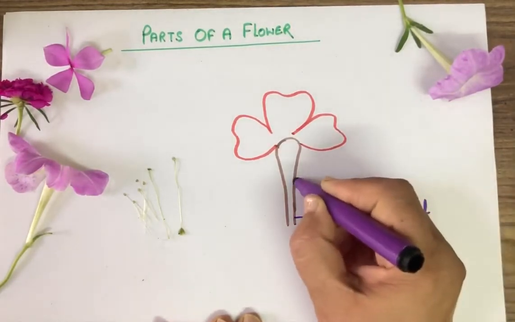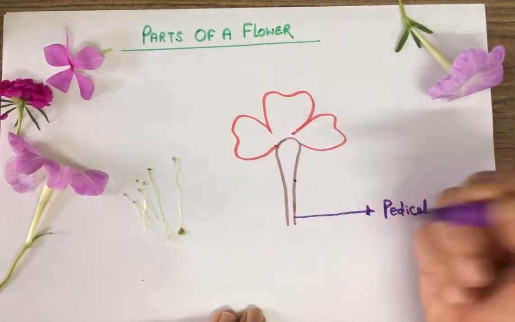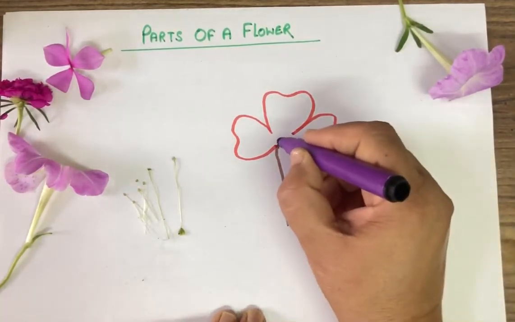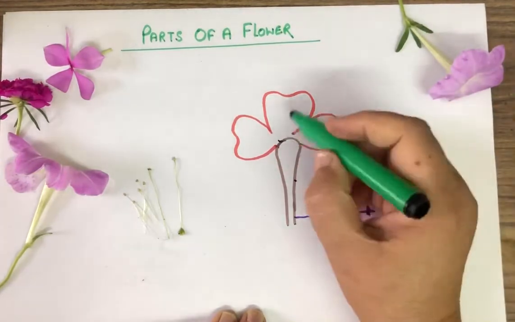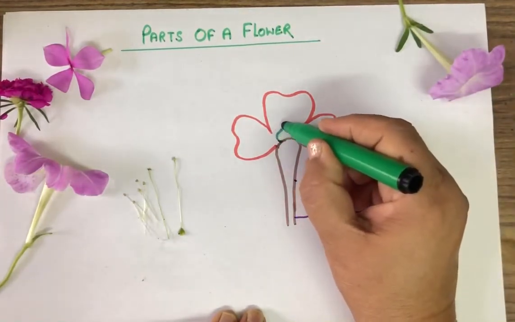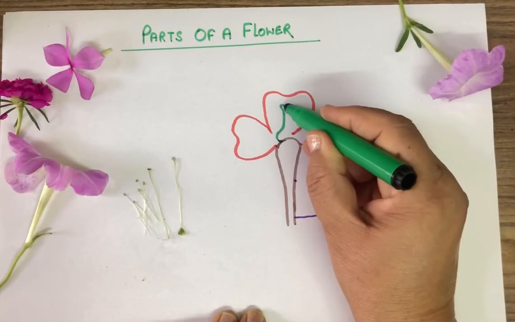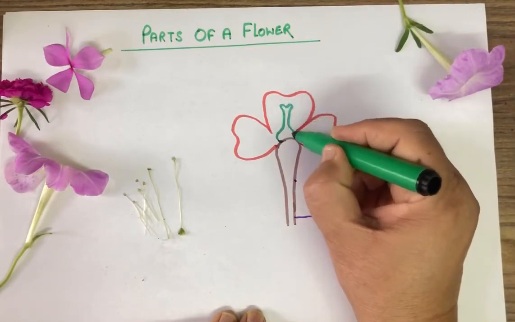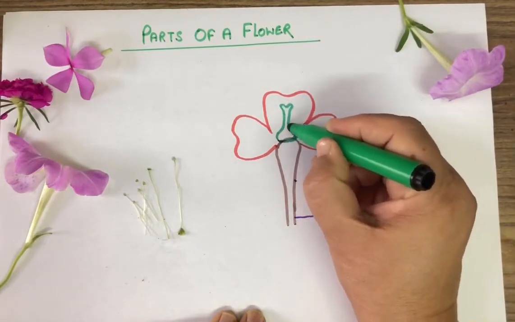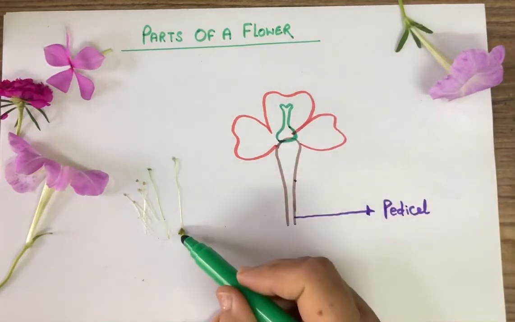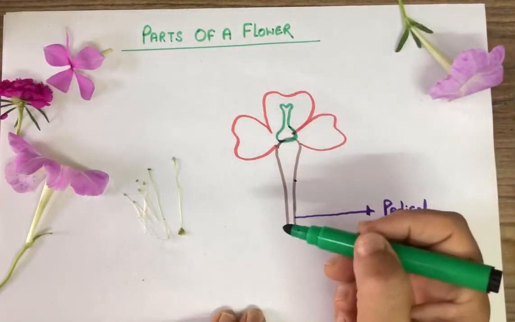The whole part is the pedicel, and this part is the female part of the flower. It has 3 parts.